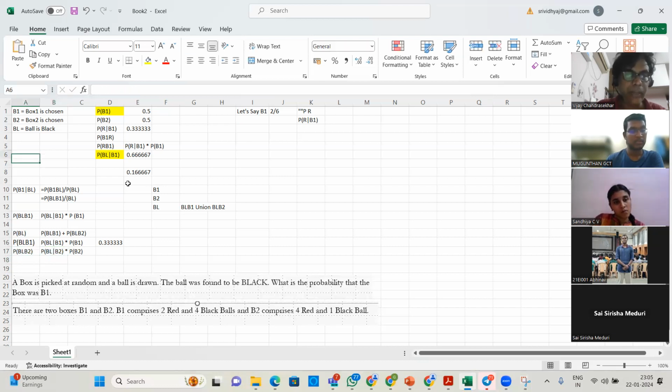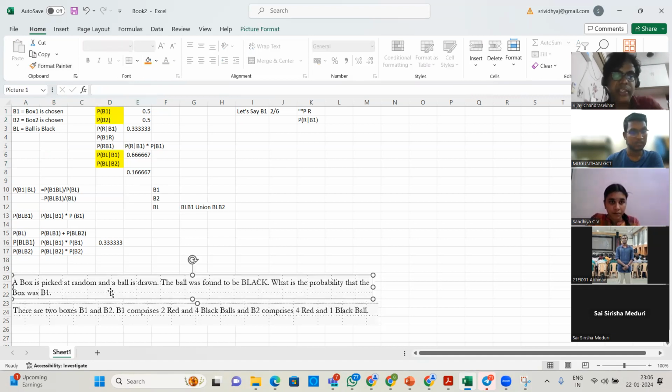So let's calculate probability of BL given B2. We already have P of B2.